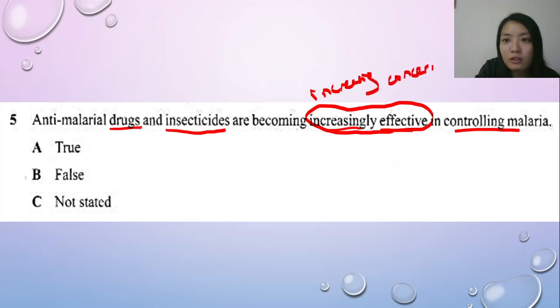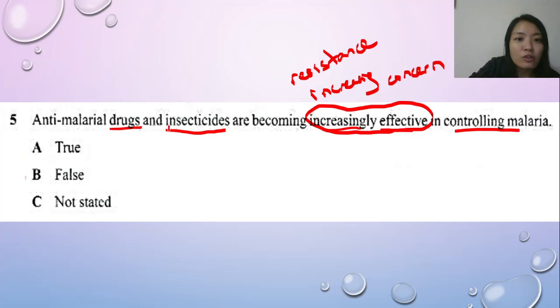Increasing concern. Okay, and also in the text earlier, you remember or not, the word resistance. So it is becoming more and more resistant to these drugs and the insecticide. Whereas here, it says it is becoming more and more effective. Again, it is a direct contradiction to what the text says.